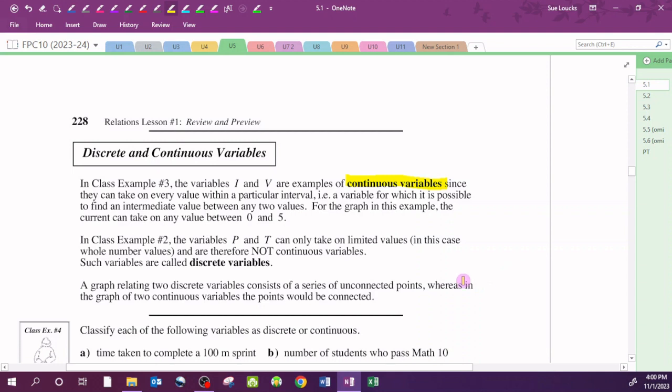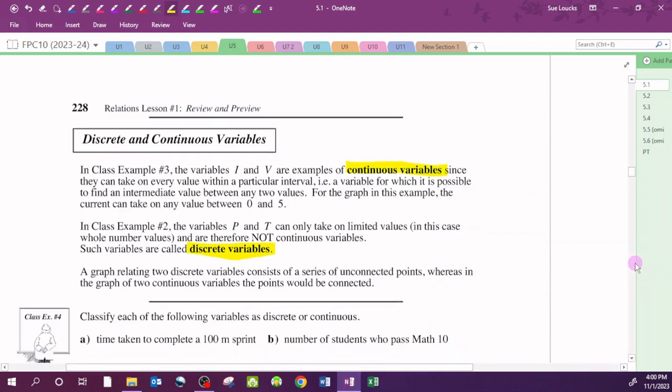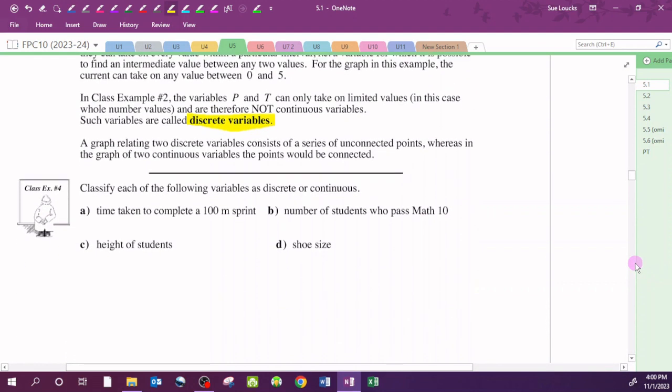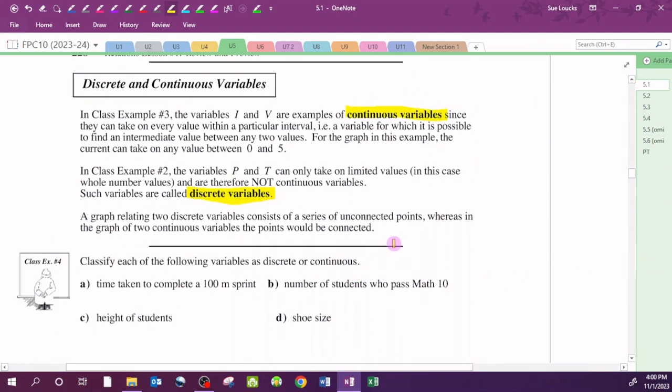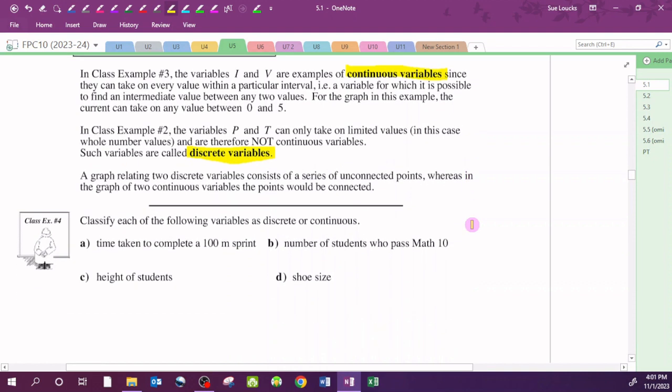In the other one, when we were talking about the number of triangles, those are what we call discrete variables. Those are essentially things that you can count. The important thing is that when you have discrete variables, you don't connect them. And when you graph continuous variables, you would connect them.